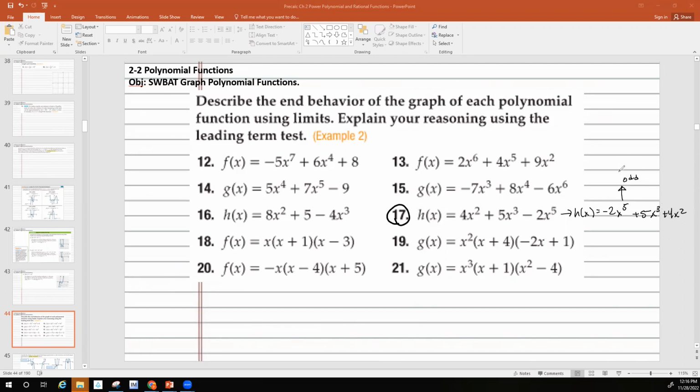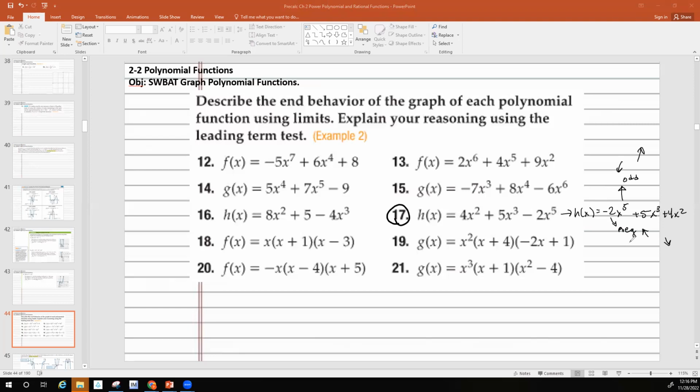So it's going to be going down on the left side and up on the right side, but it is negative. Because that lead coefficient is negative, it switches it up. So it's going to be going up on the left side and down on the right side.